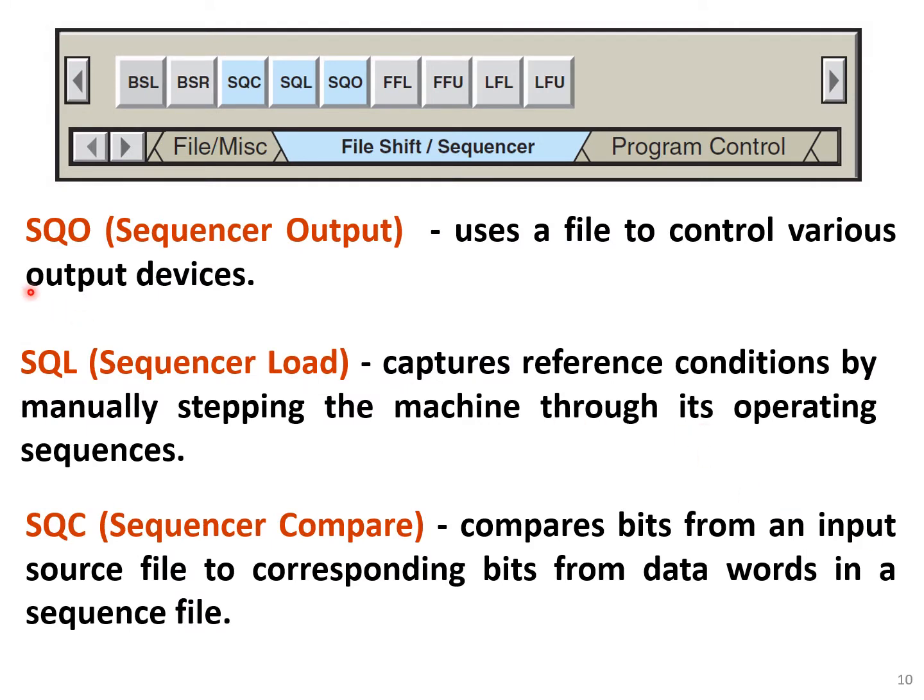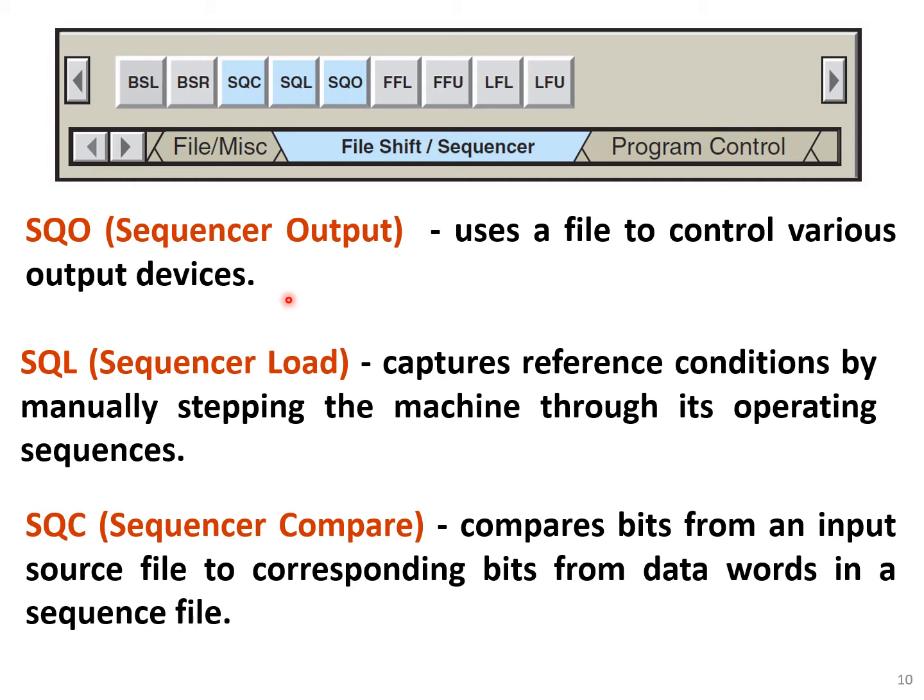SQO, sequencer output, uses a file to control various output devices. So far we mostly discussed SQO, the previous slide, that sequencer file or drum switch.